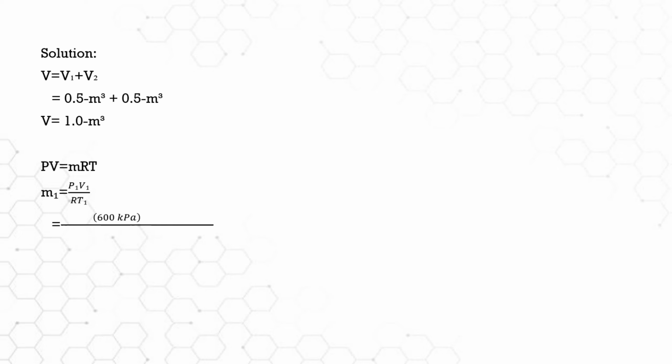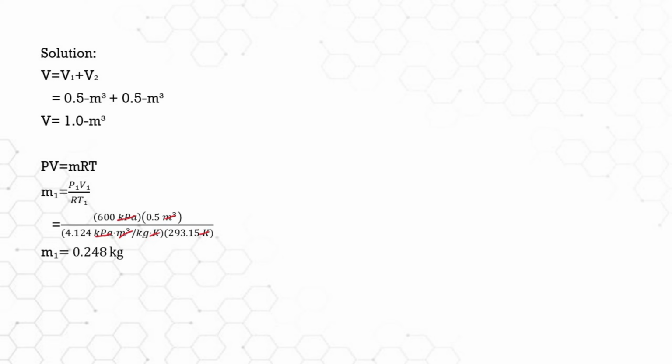Plugging in the values for tank 1, we have 600 kilopascals times 0.5 cubic meter over 4.124 kilopascal cubic meter per kilogram Kelvin multiplied by 293.15 Kelvin. Crossing out the same units, we have 0.248 kilogram as the mass of our hydrogen in tank 1.